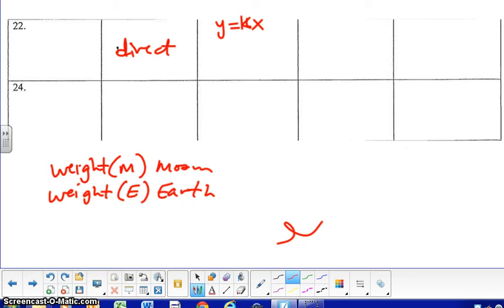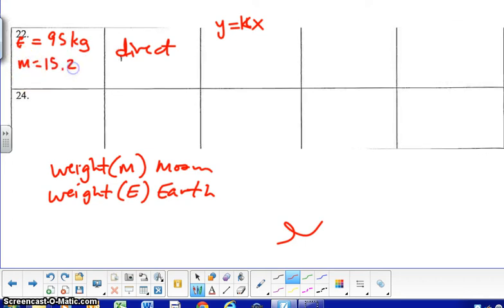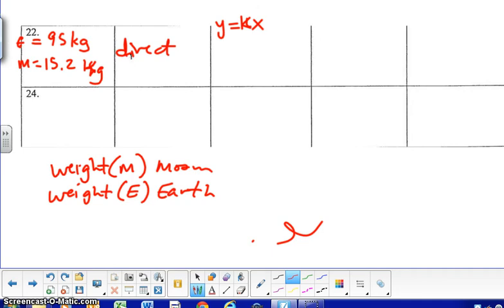A person who weighs 95 kilograms on Earth weighs 15.2 kilograms on the moon. If you read it, it says moon varies directly, so moon equals k times e.